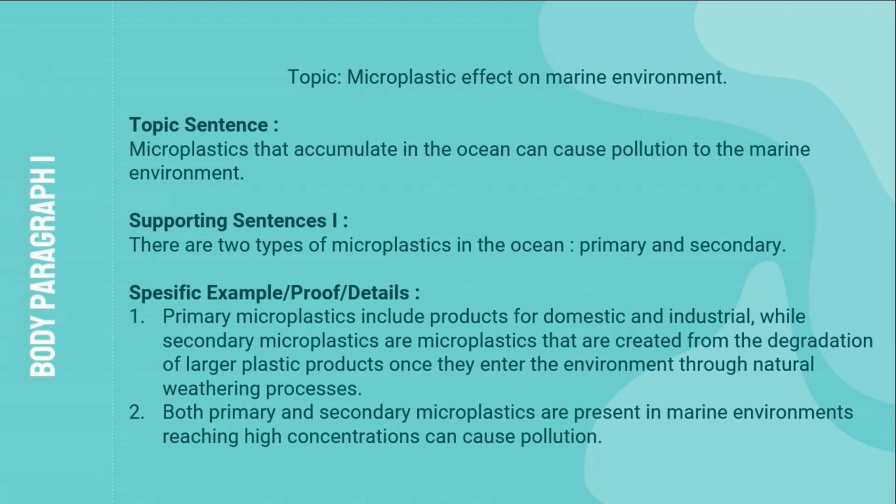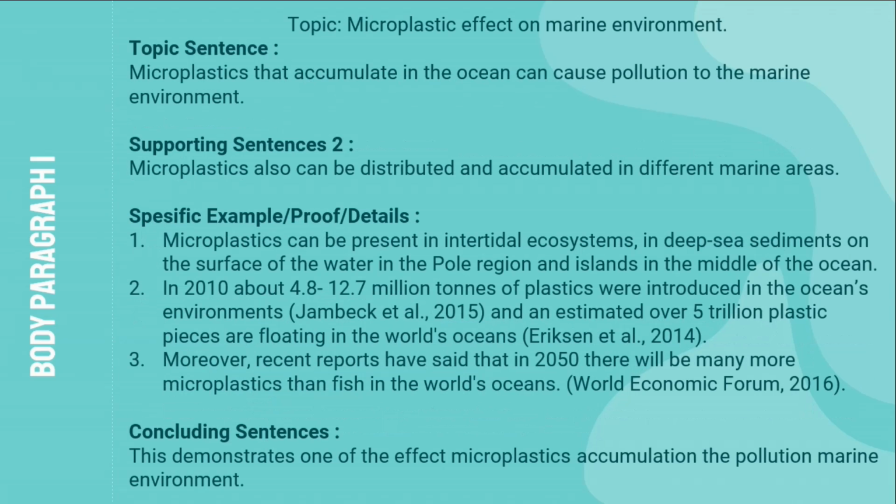Reaching high concentration can cause pollution. Next is supporting sentence 2. Supporting sentence 2 of body paragraph 1 is about the spread of the microplastics. Microplastic also can be distributed and accumulate in different marine areas.